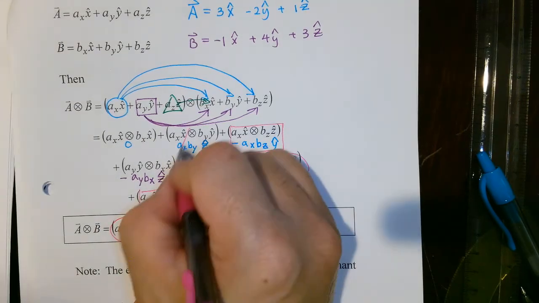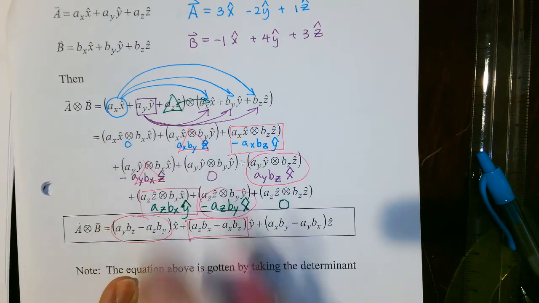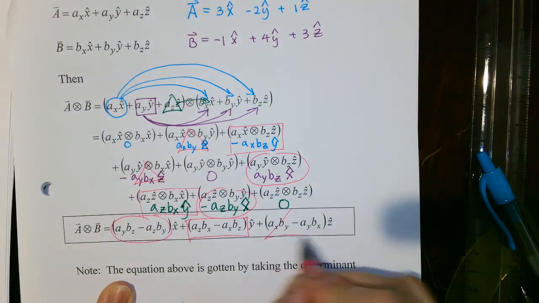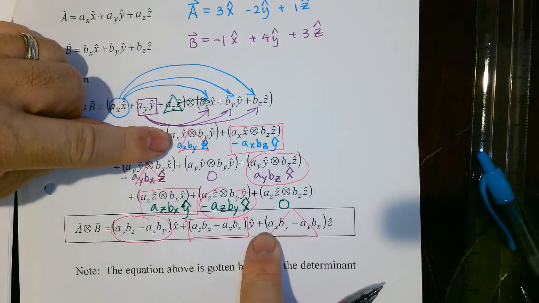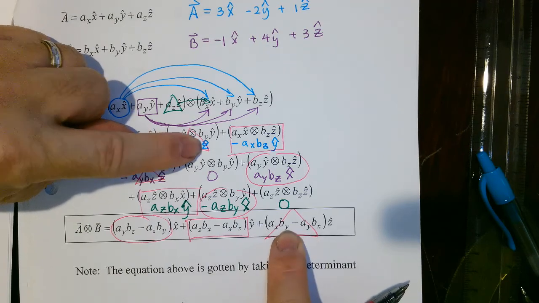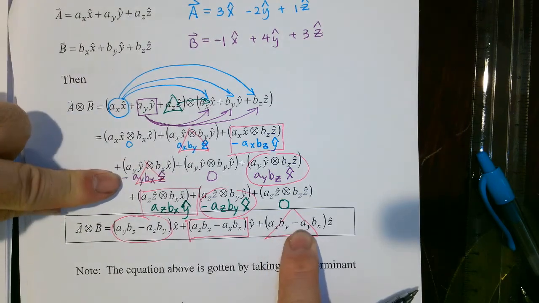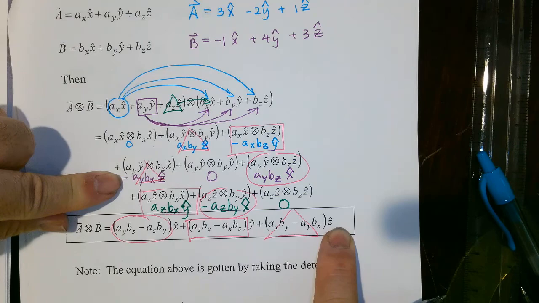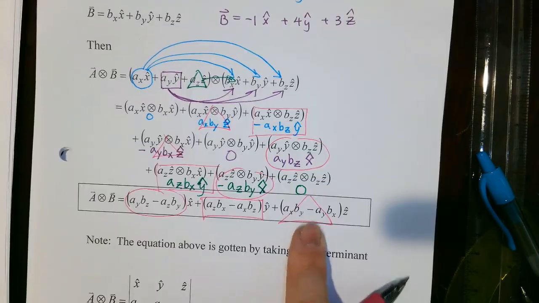Then, if I look at the z's, I get AX BY Z hat minus AY BX Z hat, and I factor out the Z hat, and I get that.